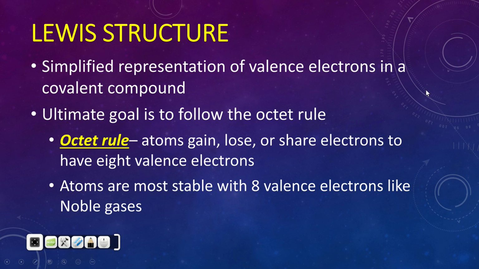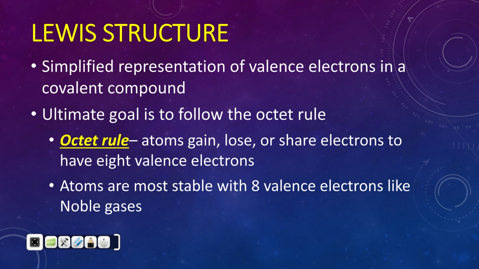So what is a Lewis structure? I kind of already stated, it's a way to show where all the valence electrons go and how they come together between two atoms to form a covalent bond. One of the things that it really helps us show is what's called the octet rule.